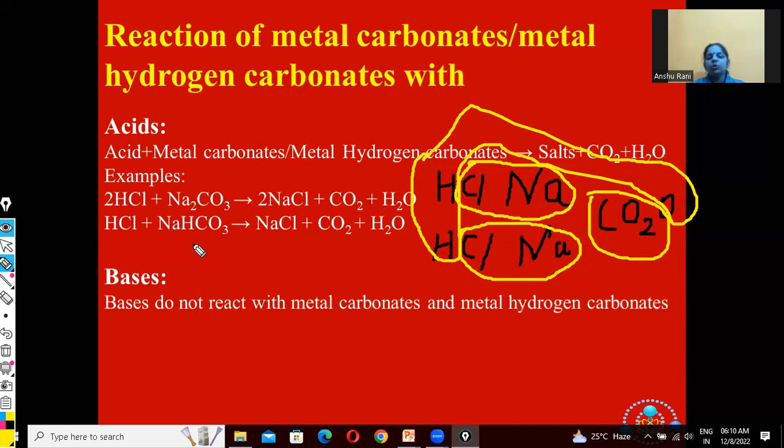Similarly, if you take sodium hydrogen carbonate and react it with HCl, you can write it this way: NaHCO3, then HCl.